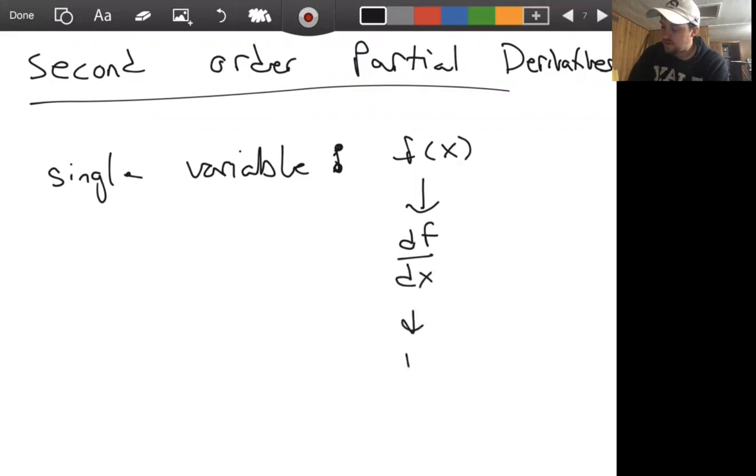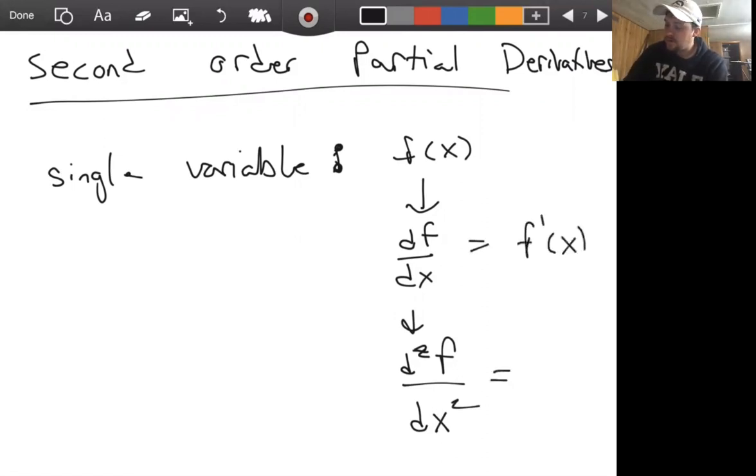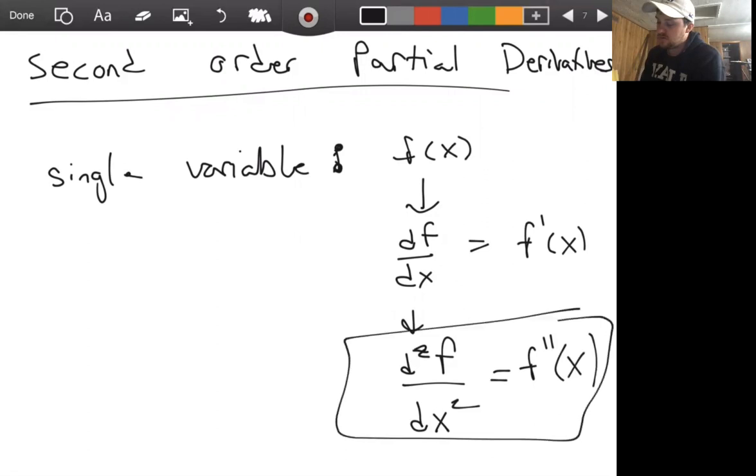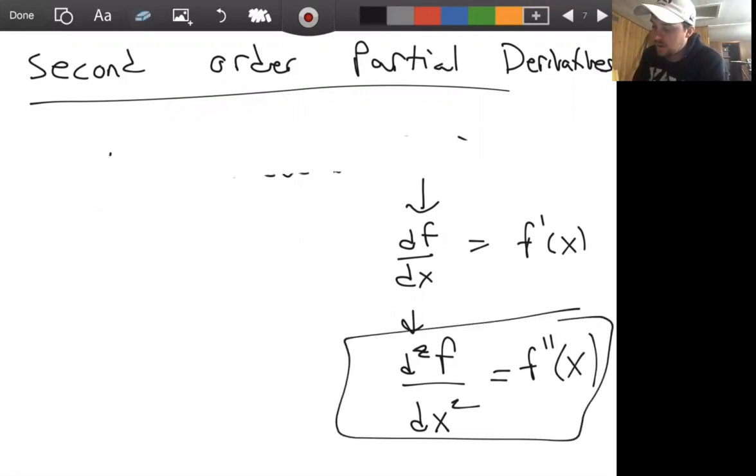You take the second derivative, you get, the notation was d squared f dx squared, right? Or we wrote df dx as f prime of x, and we wrote the second derivative as f double prime of x, right? And so this was the second order derivative in the single variable setting. Well, now, what about second order partial derivatives?